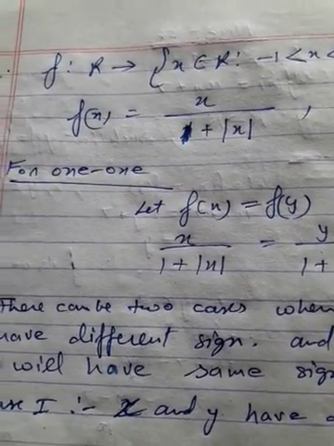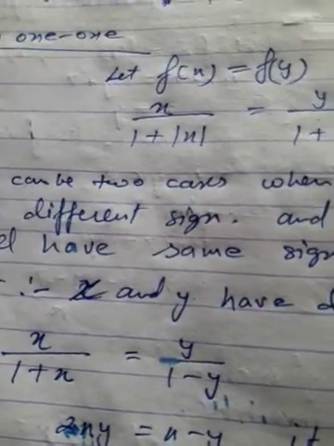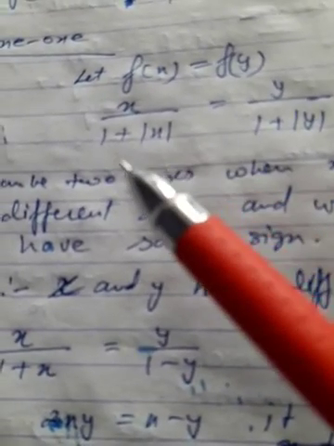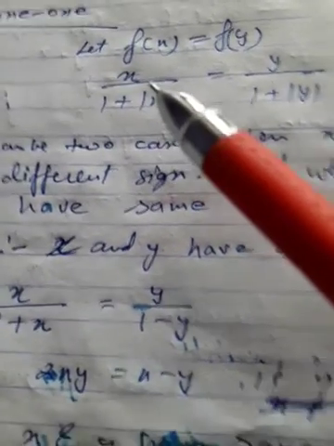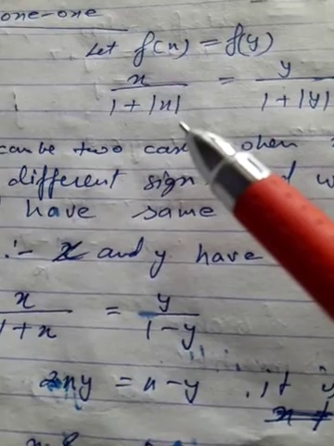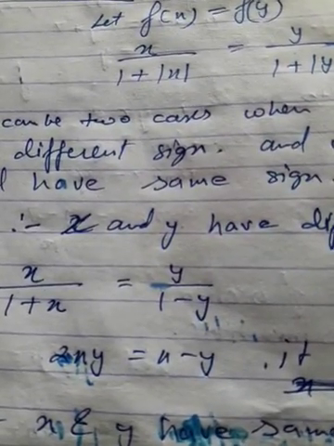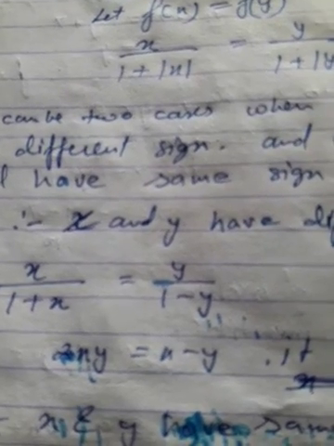So there will be two cases. When x and y have the same sign, either both positive or both negative. And the other case is when x and y have different signs: when x is positive then y is negative, and when x is negative then y is positive.